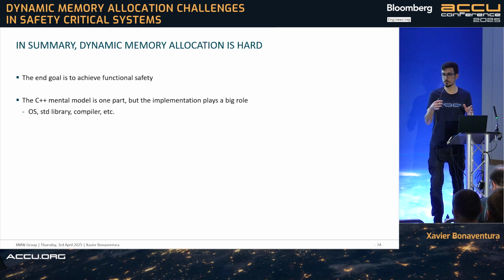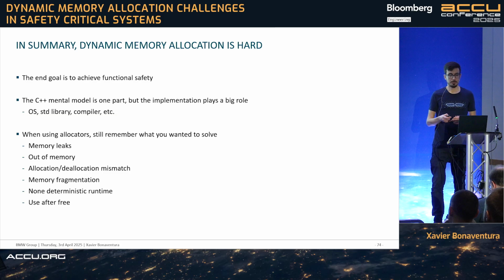Then you have the different storage durations: automatic, which is the stack, dynamic storage duration, and thread-local. But basically, that's it. On the other side, we have the real world, with the operating system, the standard library, and the compiler. And these things will have an impact on how it behaves.